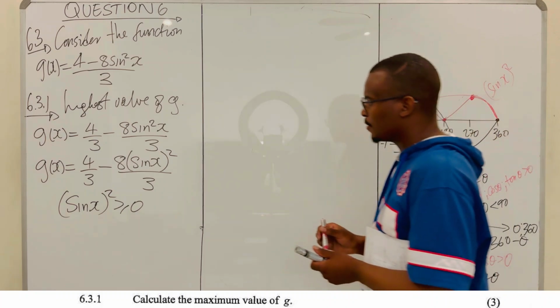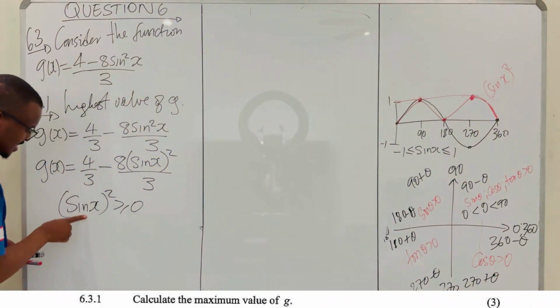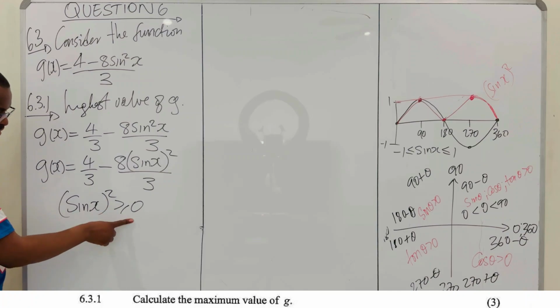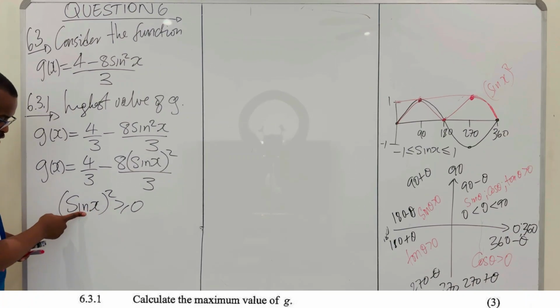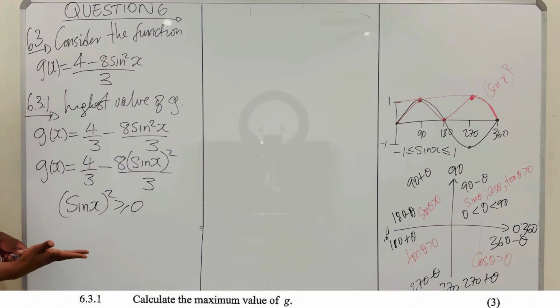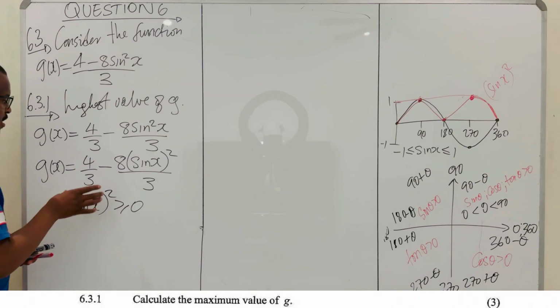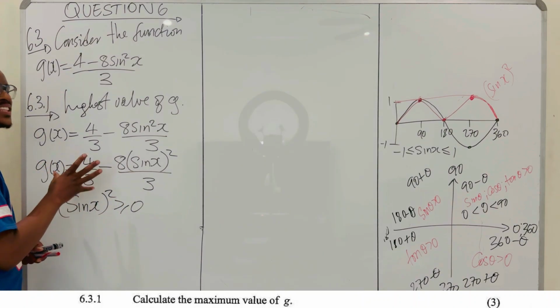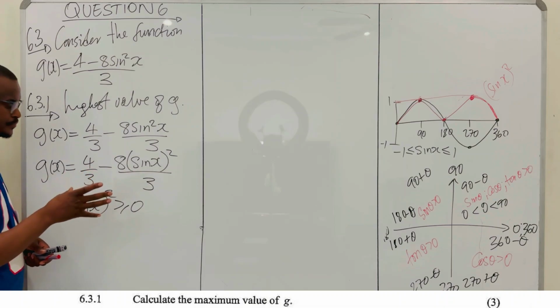So what you have here, you know that this thing is non-negative, is 0 or above 0. Right? So this will be 0 or it will be above 0. It will not be less than 0 because you squared all the time. Fine. Now, if you want the maximum value of this, you want the highest possible value.